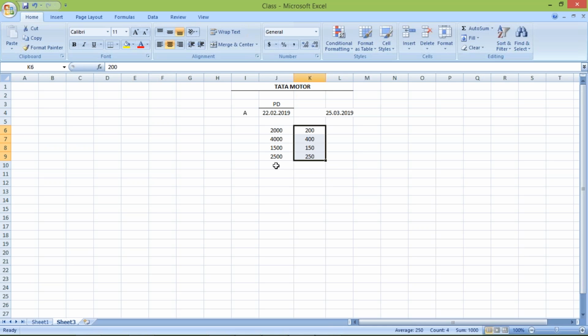Now what is happening? This guy is going to post this invoice of 1000 in the February month. So as per rule, we have to deduct 100 rupees TDS here.